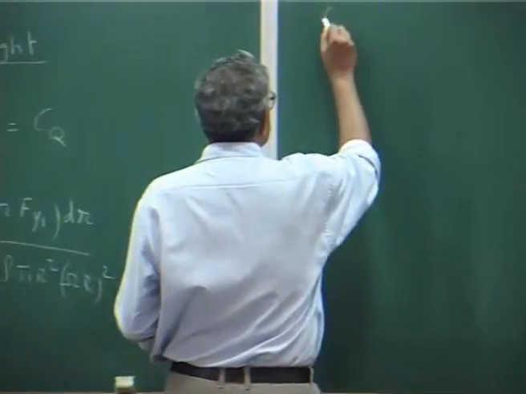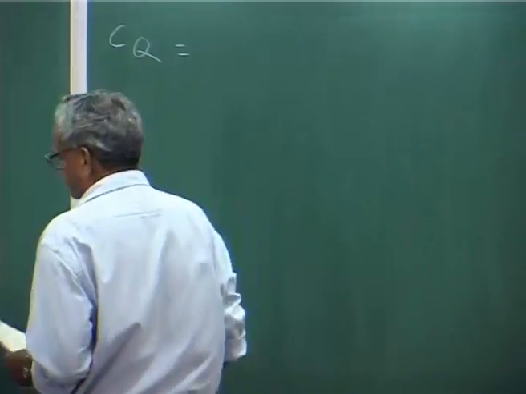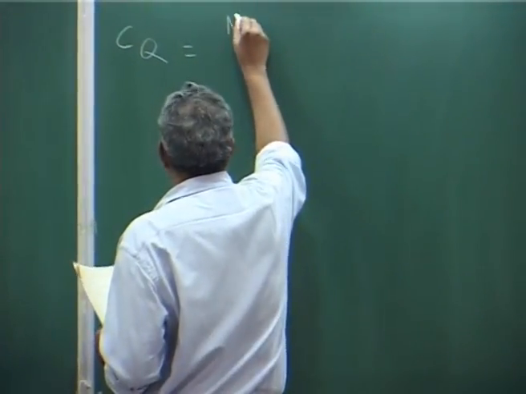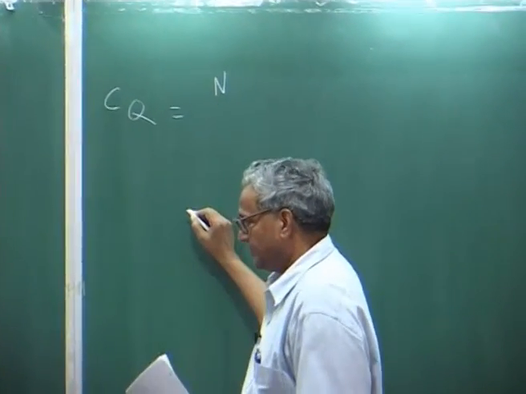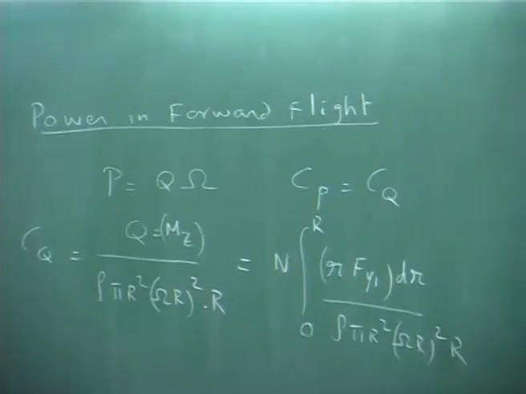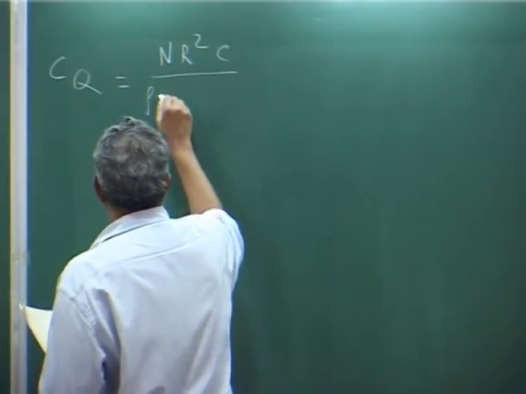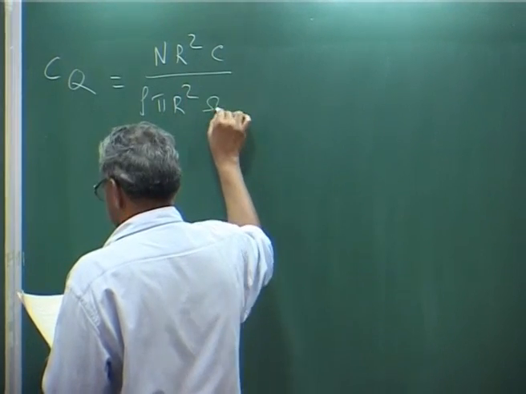So, I will write this Cq is n, okay, u r square. I am putting this, I will tell you how I got this.